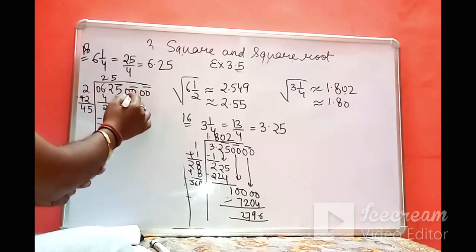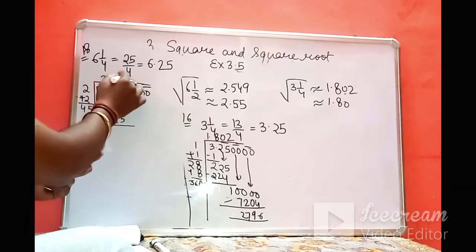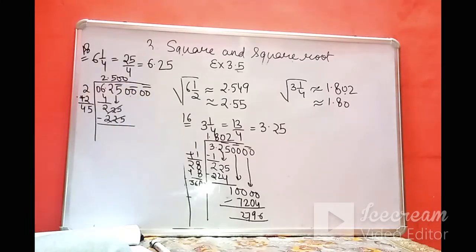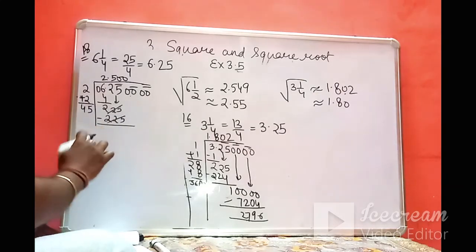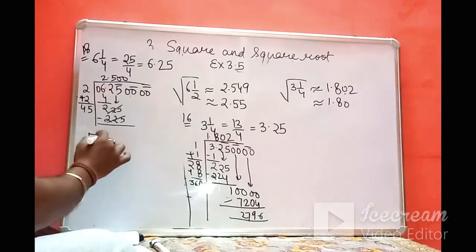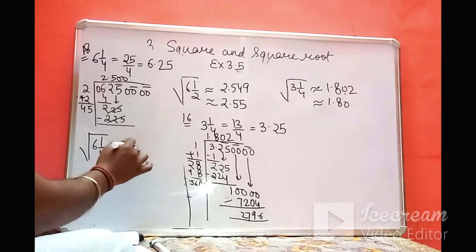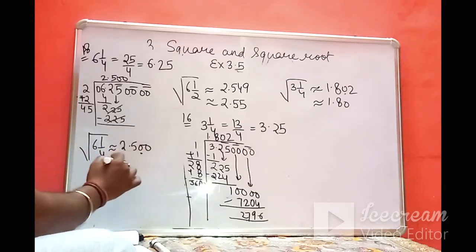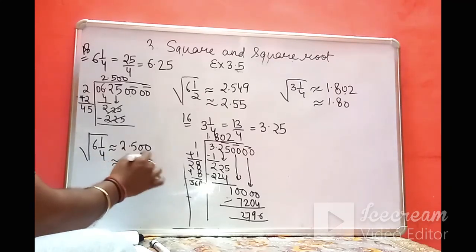So how many pairs of zeros are left? 1, 2. So we will put 2 zeros here. Okay, so we can say that square root of 6 1/4 is approximately 2.500, and if you round it off here you will get the same answer, 2.50.